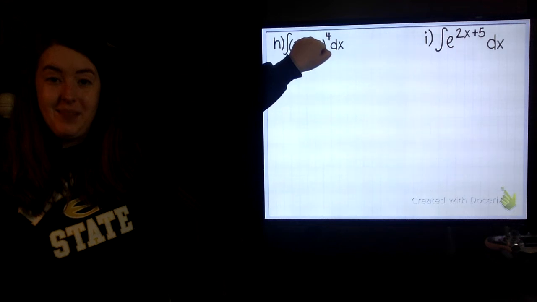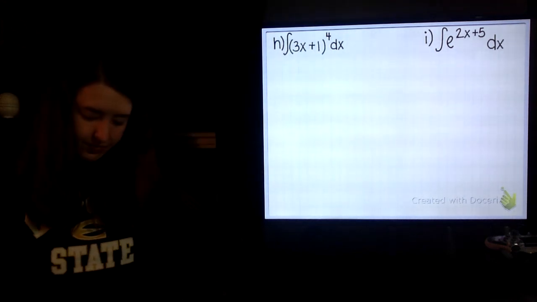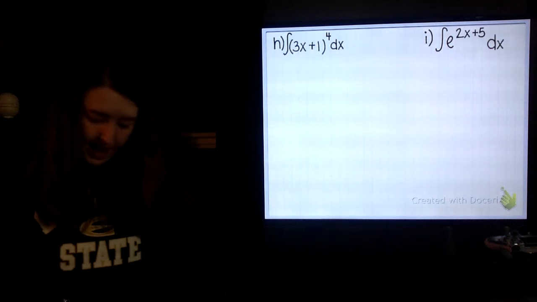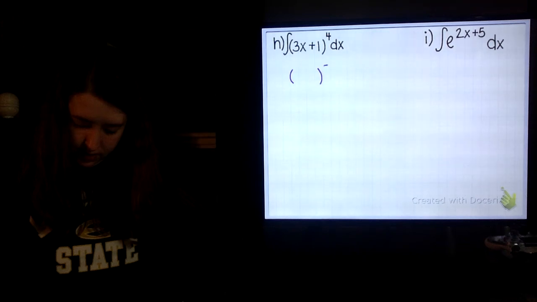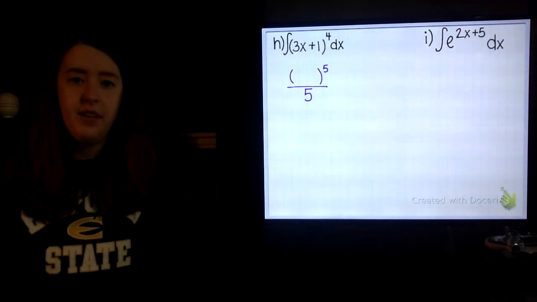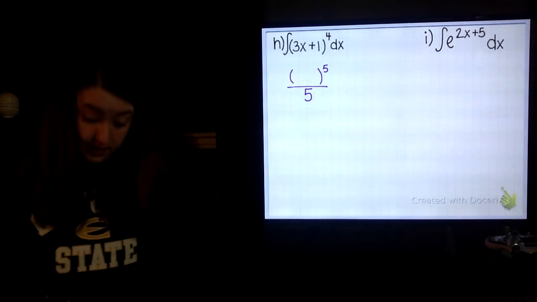So now I'm going to have something to the 5th all over 5, and that something is whatever is inside of those parentheses.